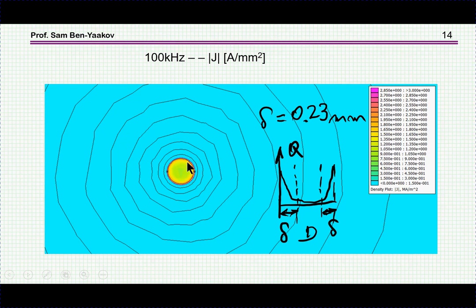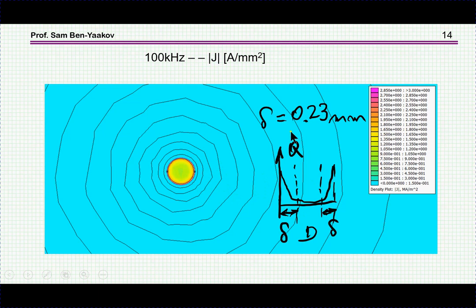This is the density of the current, the density of the charge carriers. Obviously, it's not a sharp boundary. We see that the rim is much higher, and then it sort of tapers off.